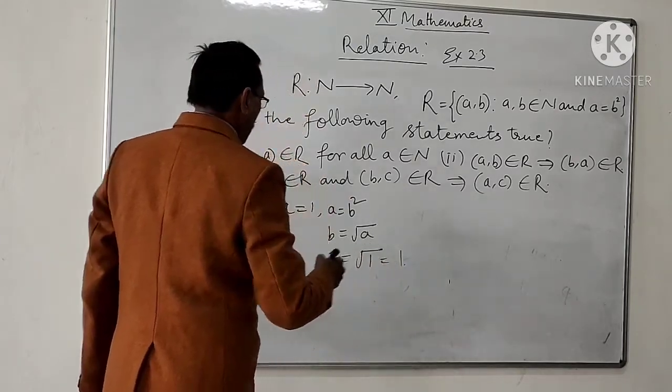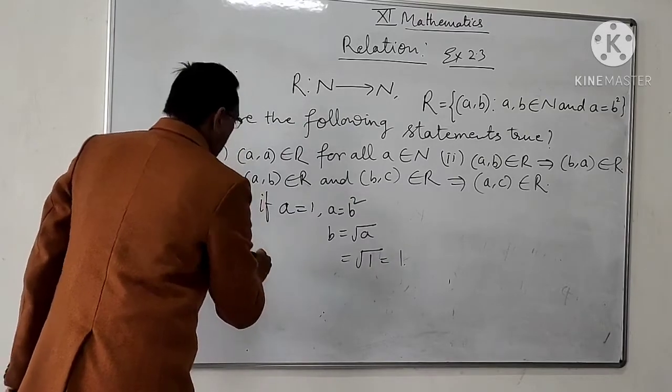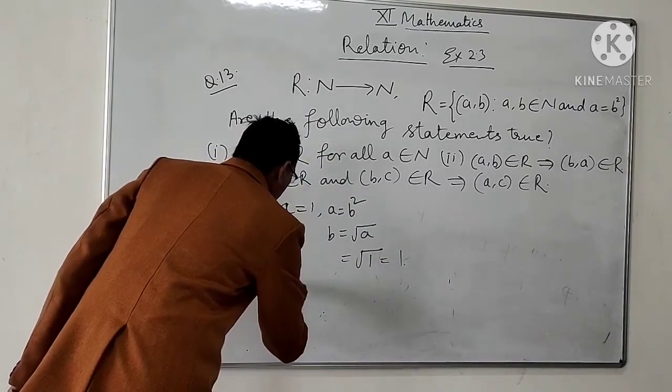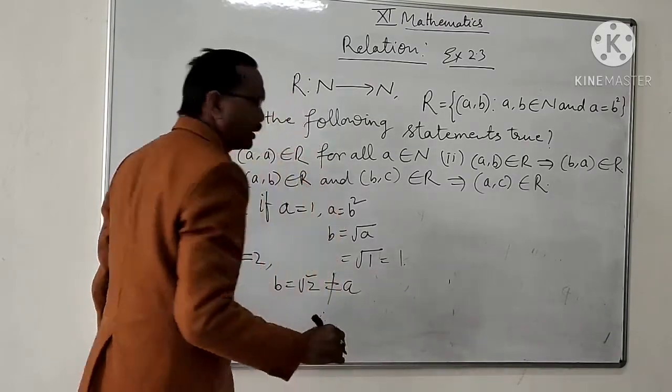If A is not 1, say A equals 2, then B equals root 2, which is not natural.